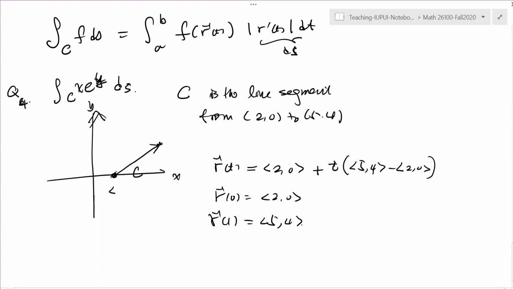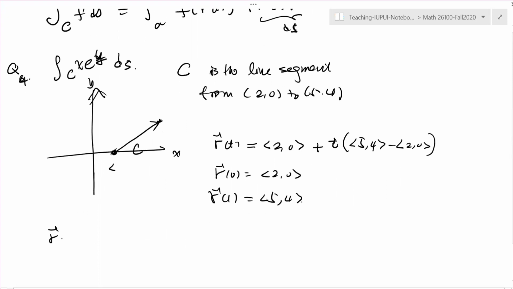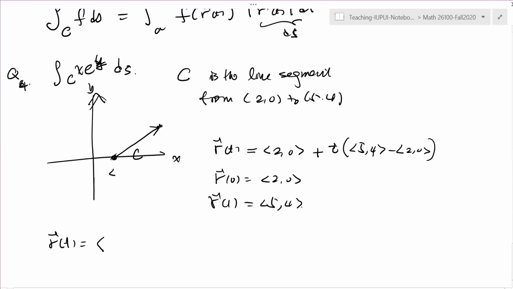So you can simplify right now. It's 2, 0 plus t times 5 minus 2, which is 3, and 4 minus 0, which is still 4.